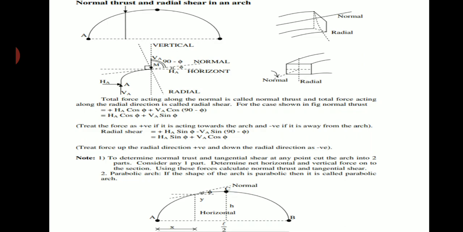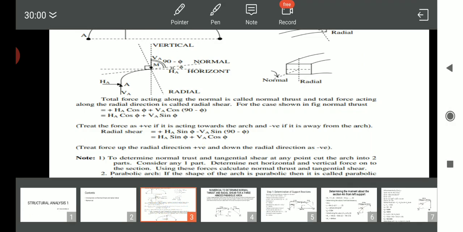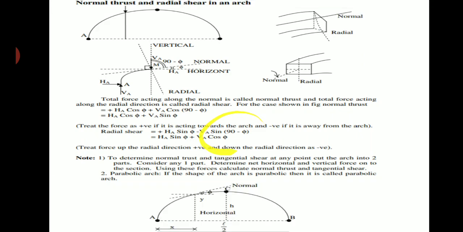The radial shear is the total force acting along the radial, or perpendicular, direction of the arch rib. I can represent it as HA sin phi minus VA sin (90 minus phi).